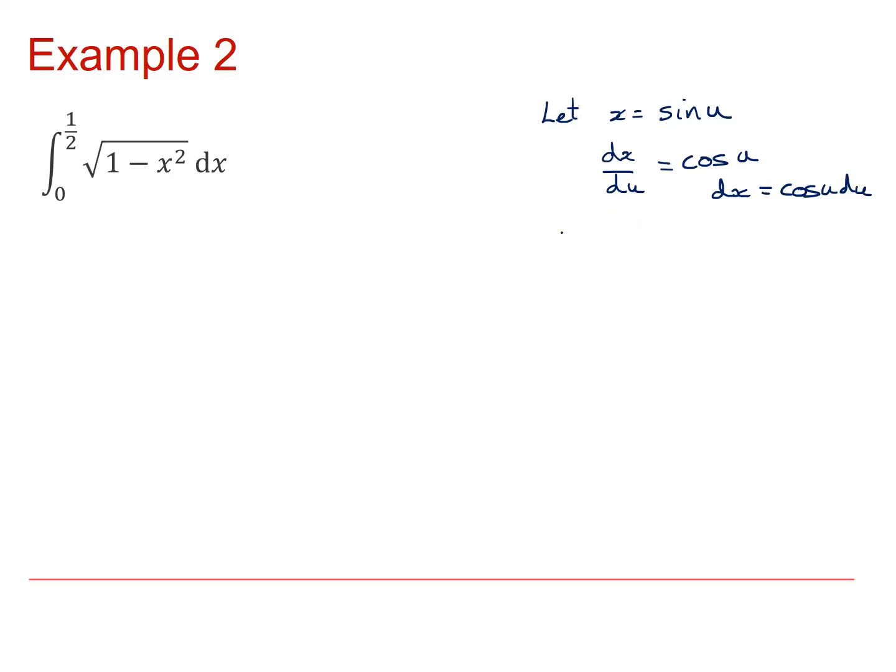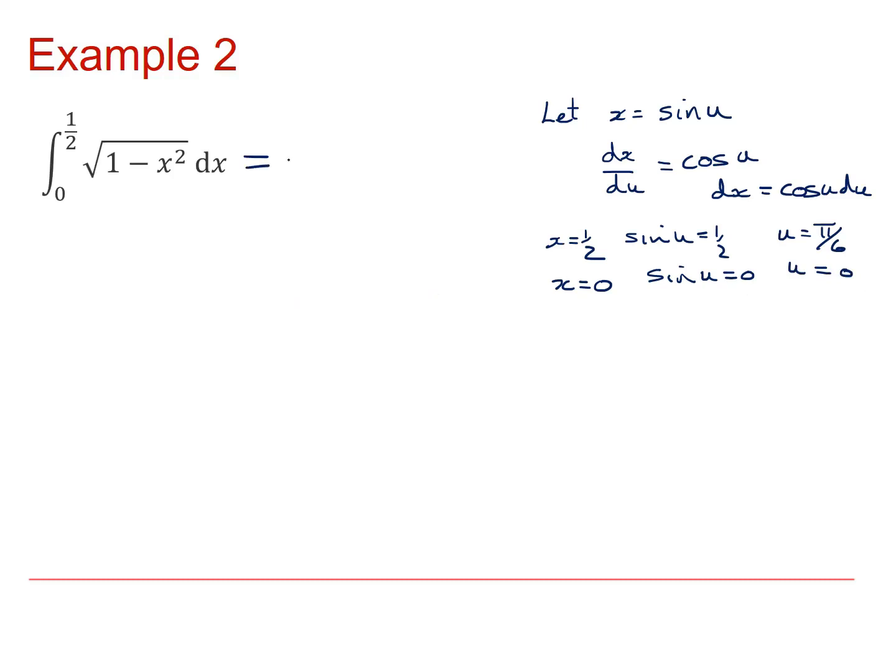What about the limits? Well, if x equals a half, that tells me that sine u is equal to a half, which means that u is equal to pi by 6. And same story with x equals 0, sine u equals 0, so u in fact equals 0.